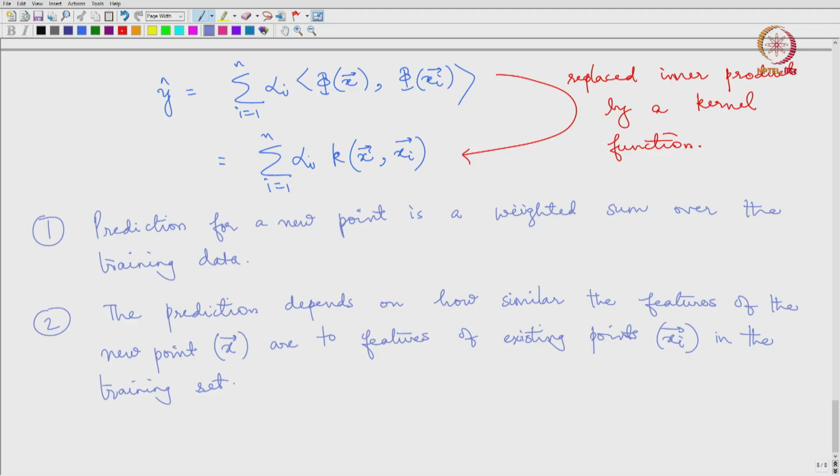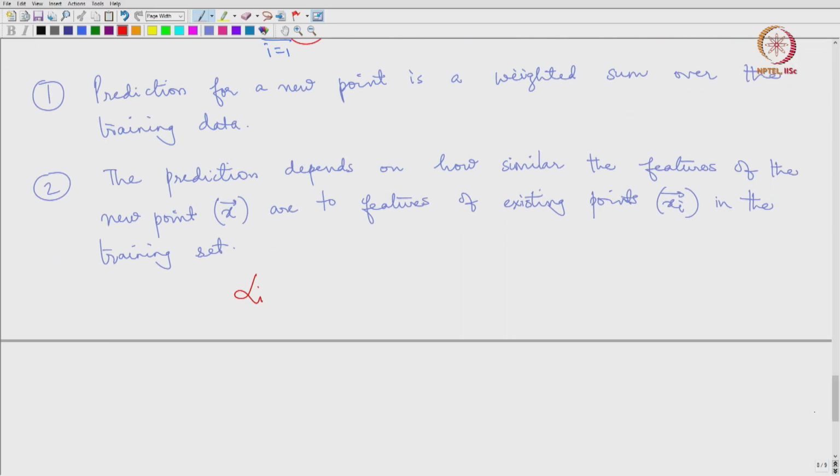Okay. So this is really interesting, and I just want to remind you that we already know what alpha_i is. So alpha_i is not an unknown, we actually had an analytical solution for this. So alpha_i, right, is obtained as before, right. So what was alpha_i?